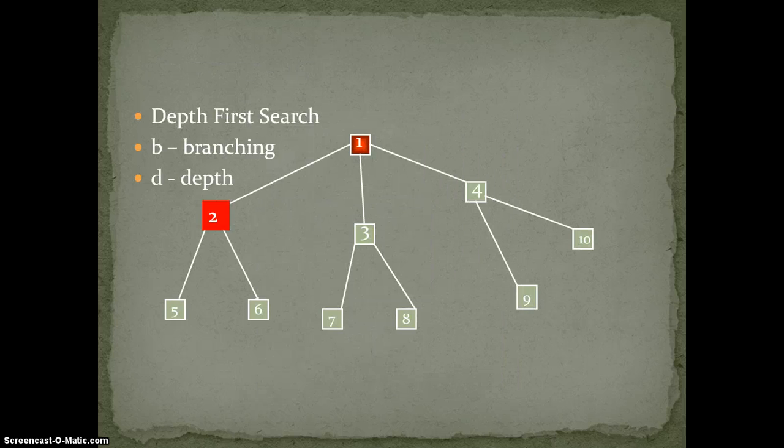Now next is depth first search. Similarly as in breadth first search, B is the branching factor and D is the depth. So for depth first search, first from tree 1, from node 1, you search node 2. Let's say in this case 9 is what we want. You search for 2, and then you go to 5 instead of going to 3. So once 5, you see that 5 is not the result that you want.